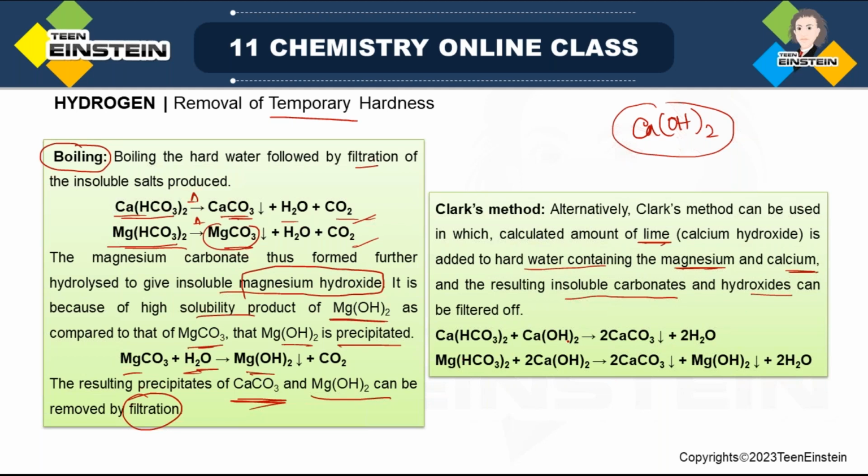When calcium bicarbonate is treated with calcium hydroxide, you get calcium carbonate, which is precipitated. But for magnesium bicarbonate, 2 moles of lime are taken, and there is formation of calcium carbonate and Mg(OH)2. So this is the second method for the removal of temporary hardness.